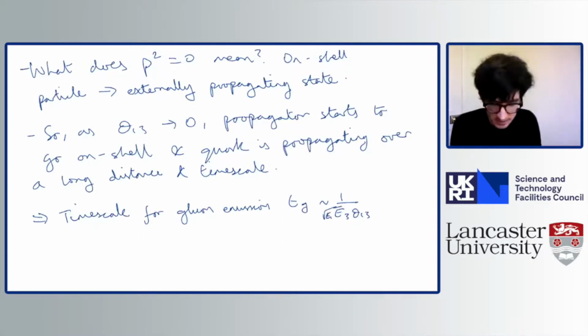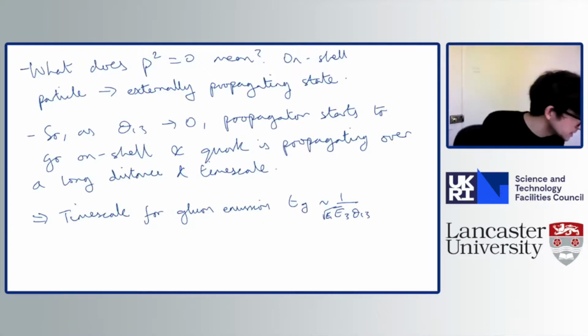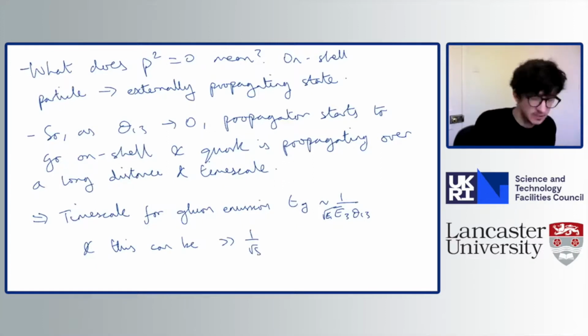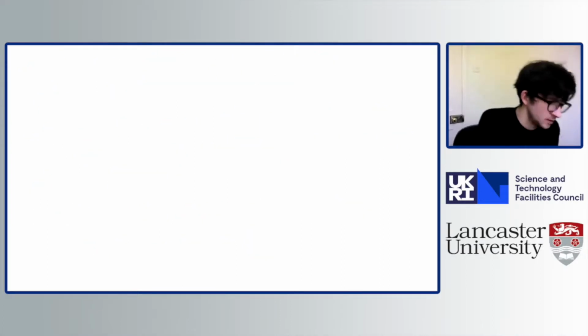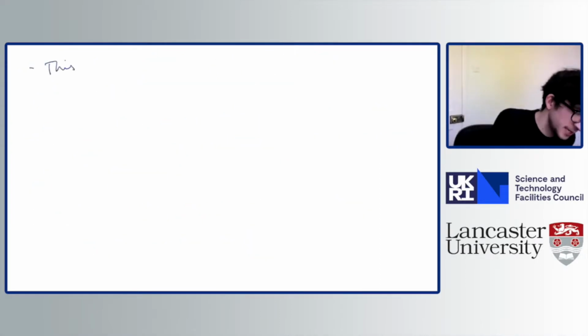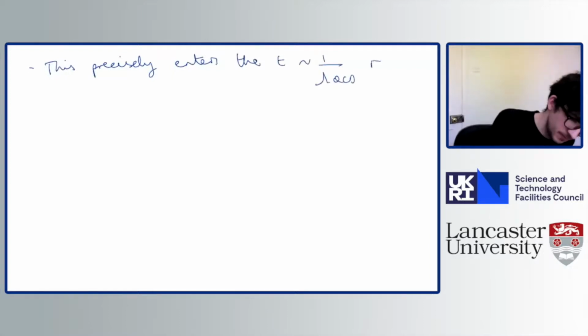But the relevant thing is that it goes like 1 over theta 1,3. So smaller angle means longer time scales. And so this can be much, much greater than 1 over root S, which is what we didn't want to happen. So this precisely enters the t of order 1 over lambda QCD regime we want to be insensitive to.